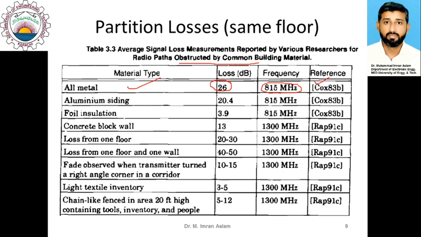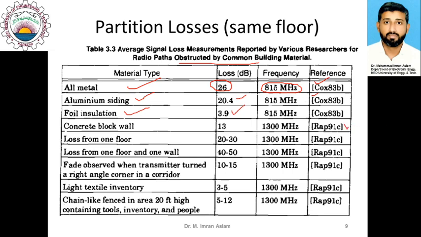Similarly, Cox in his paper for 815 megahertz also discussed aluminium sliding cases, because sometimes we make doors made of aluminium sliding. Whenever there are aluminium sliding partitions, the loss is around 20.4 dB. If there is foil insulation, again at the same frequency of 815 megahertz, you get a loss of 3.9 dB.